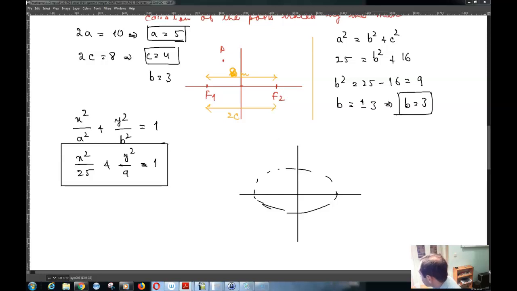So number 7 is x squared by 25 plus y squared by 9 is equal to 1. Of course making this assumption, otherwise you would have to change this a little bit, changing it to the other orientation.